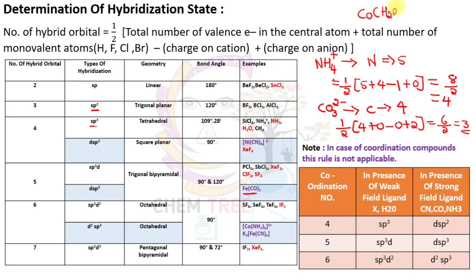In the case of cobalt complexes, the coordination number is 6. The ligand we are using is the water molecule, a weak field ligand, and the hybridization is sp3d2. In this way, we can identify the hybridization of any complex.